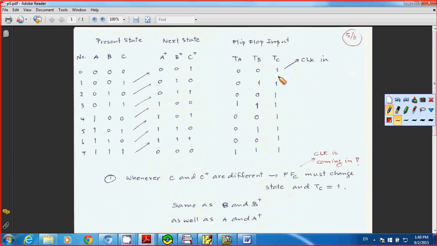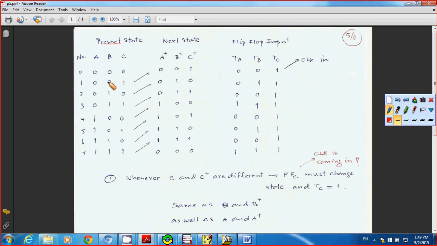Now let's consider TB. It works the same way. If the present state of B doesn't change, your TB logic has to be 0. But whenever the logic of B changes from 0 to 1 or 1 to 0, you can put the logic TB to be 1.